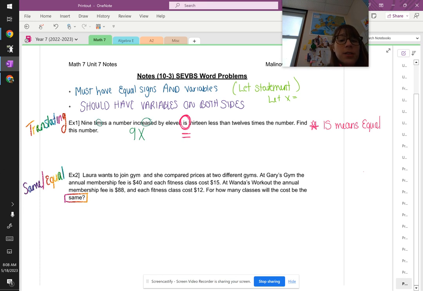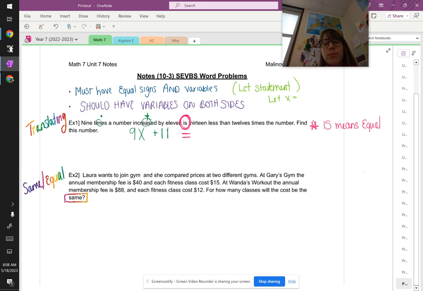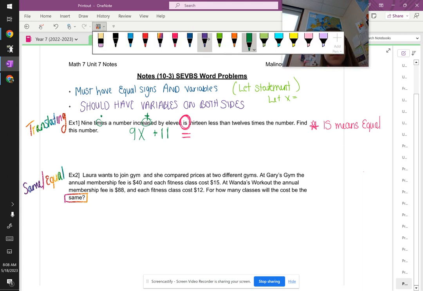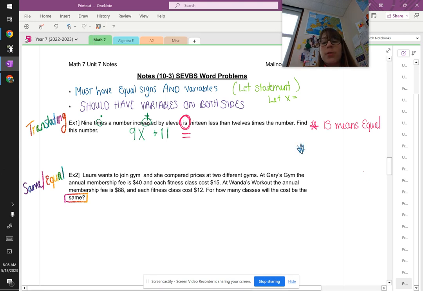Increased is telling me that I need to be doing addition. Oh, wow. Increased by 11, so plus 11. So 9x plus 11. Boom. Is equal to, on the other side, 13 less than 12 times the number.